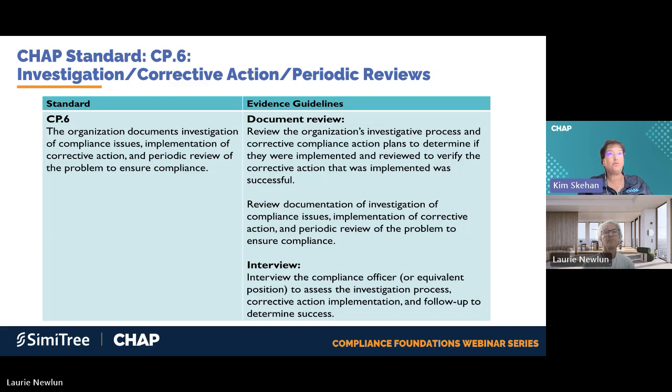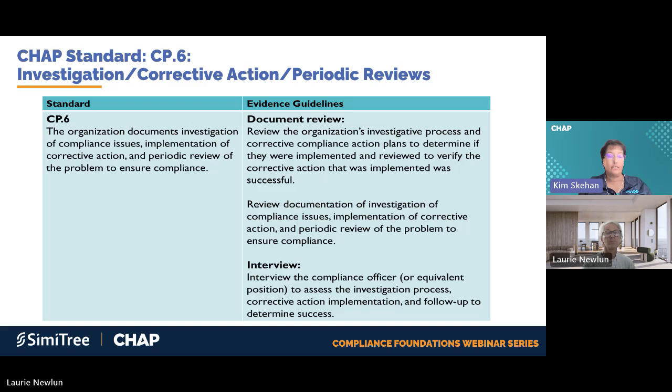This is where your own compliance committee documentation, investigation documentation comes into play, and also if you have your compliance program evaluated by an external entity. Some organizations have the compliance program evaluated annually for effectiveness.